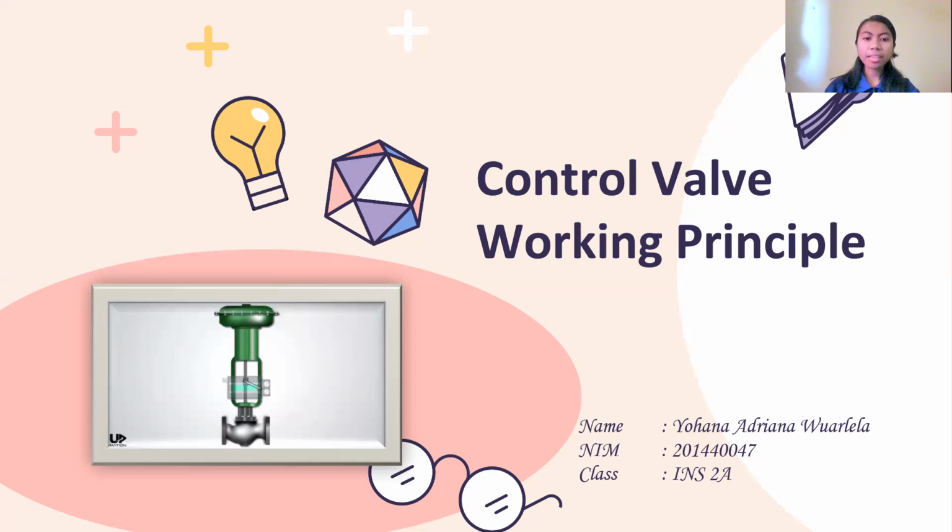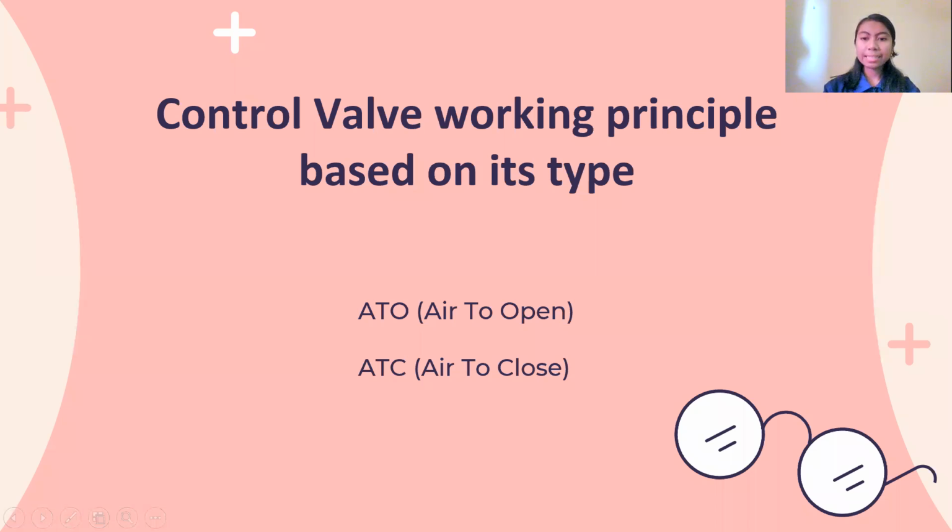First, I'd like to talk about the control valve working principle based on its type. The first, A2O or air to open, is a type of valve whose normal position is closed, or normally closed, and will open if supplied with air.